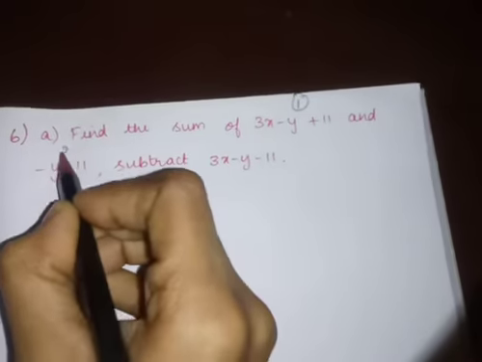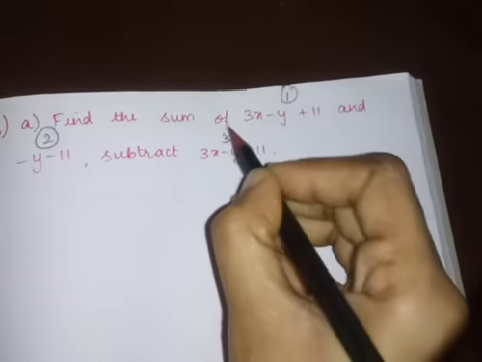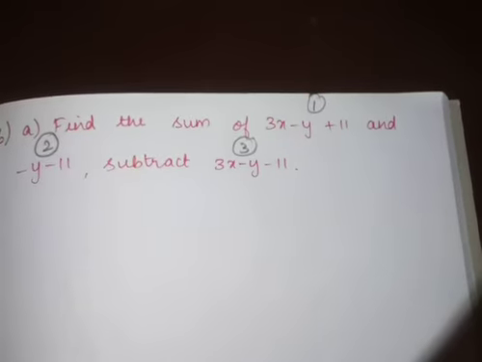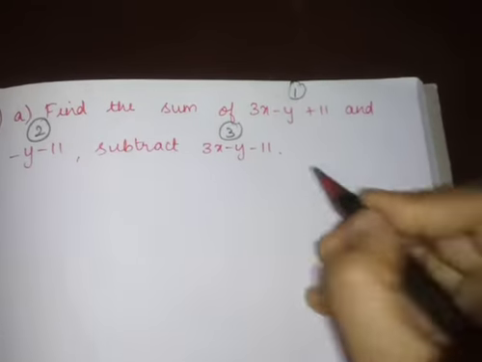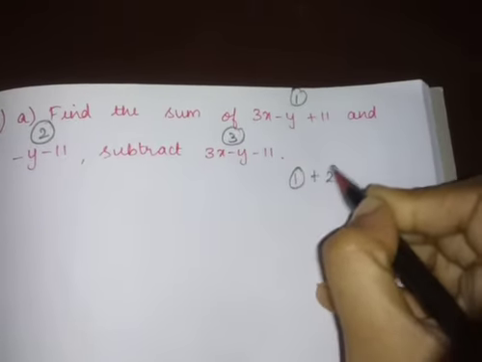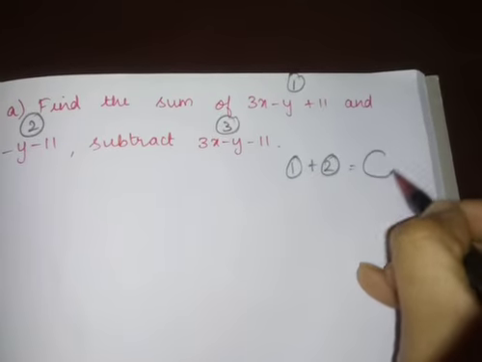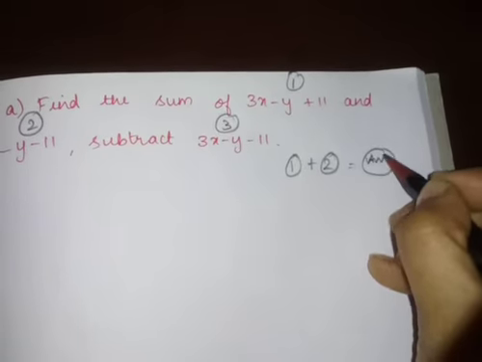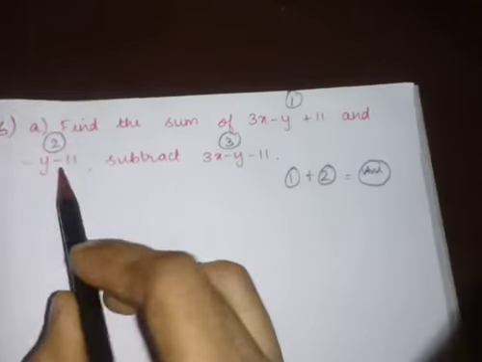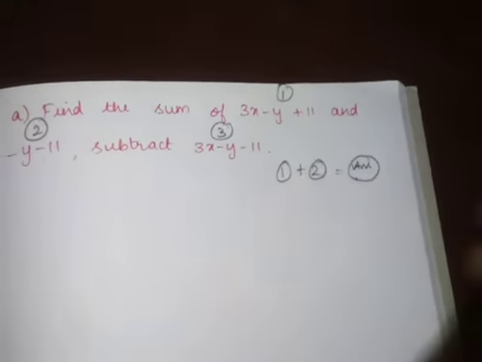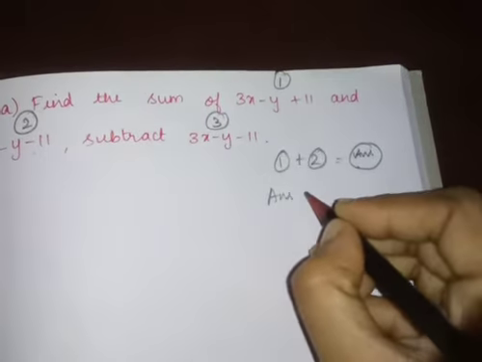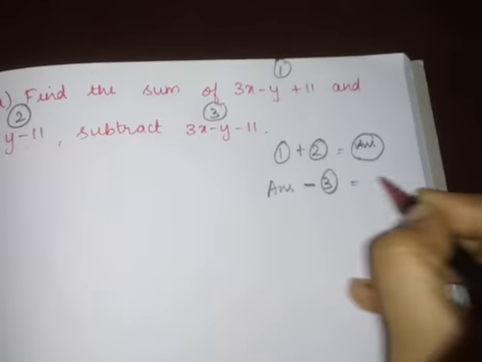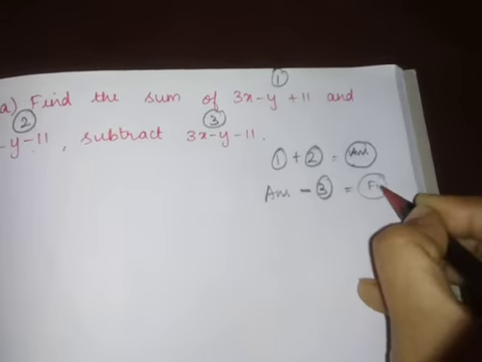This is your first expression, this is your second expression, this is your third expression. First you should add the first expression and the second expression. So you will get one answer, right? With that answer, I should subtract the third expression. So I'll get the final answer.